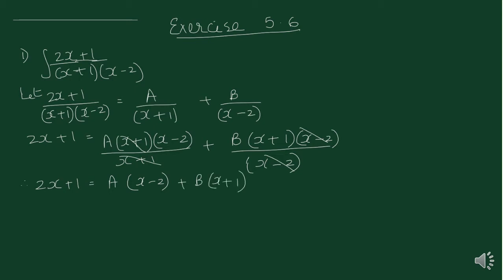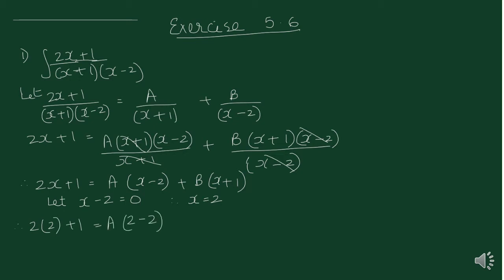Upon writing this, now we take any one of these brackets as 0. Suppose we write the first bracket, let x - 2 is equal to 0. Therefore, x becomes 2, and therefore our expression becomes 2 into 2 plus 1 is equal to a into (2 - 2).